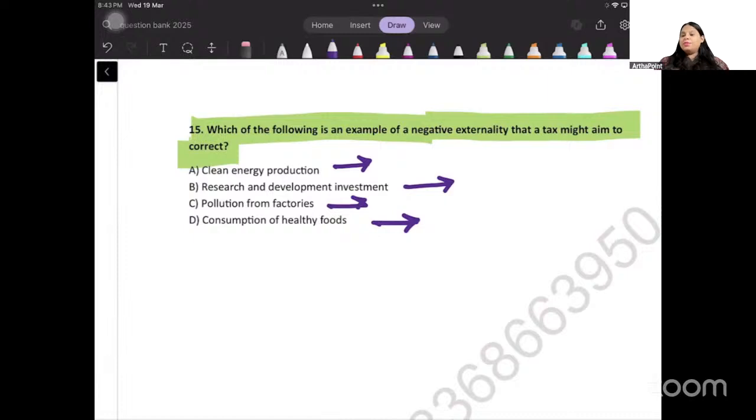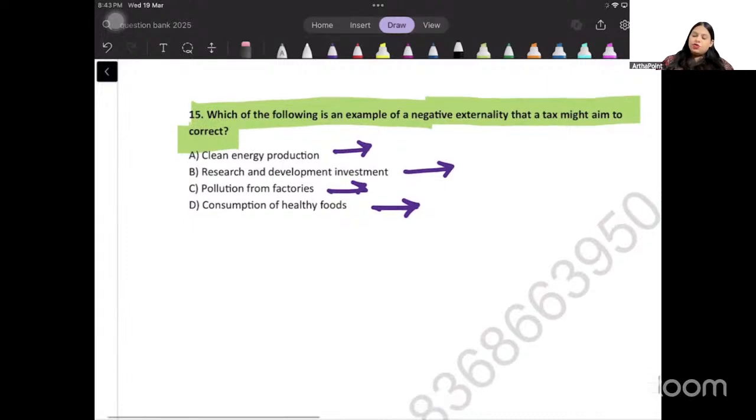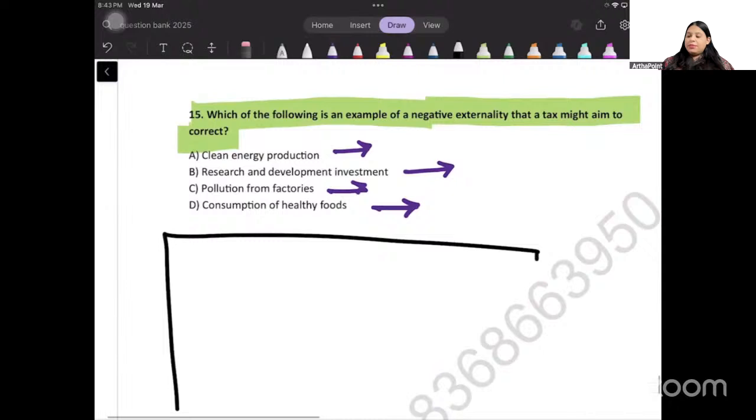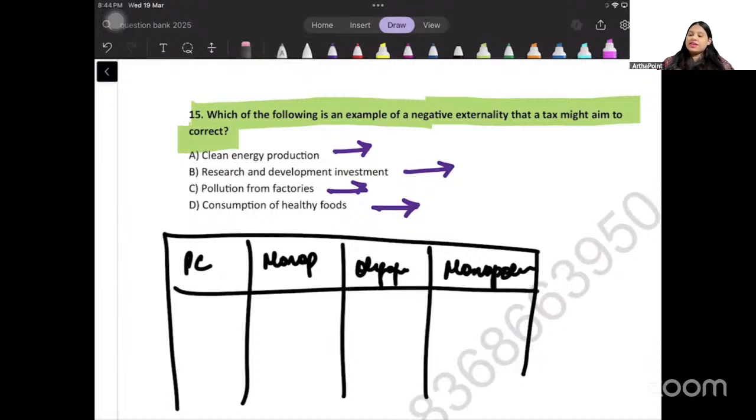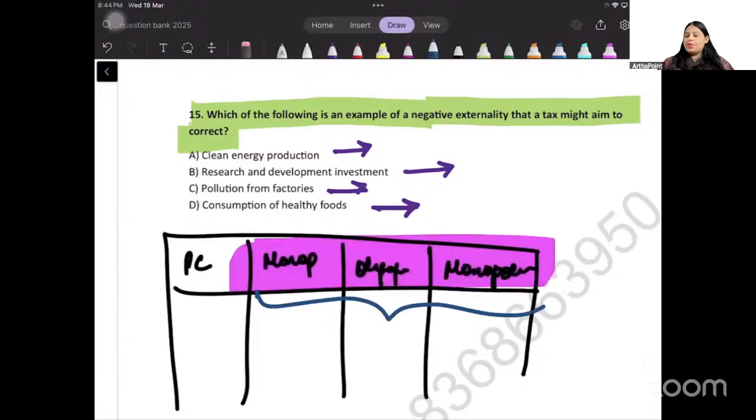बेटा make a table. If you don't remember them, एक table बनाओ. Perfect competition, monopoly, oligopoly, monopolistic. Perfect competition को छोड़ के बाकी सारों का सारा they have downward sloping AR MR curve.